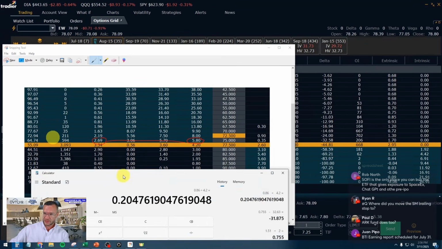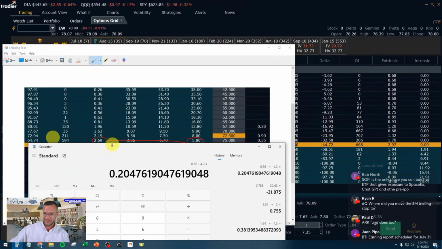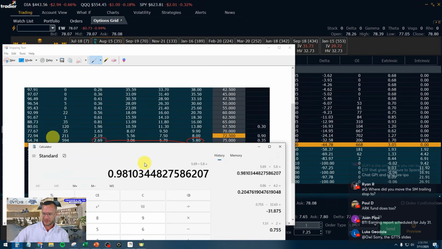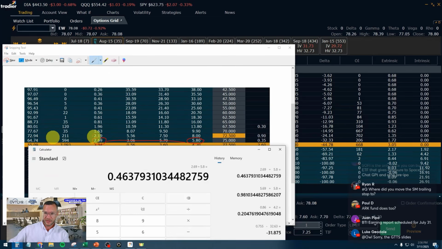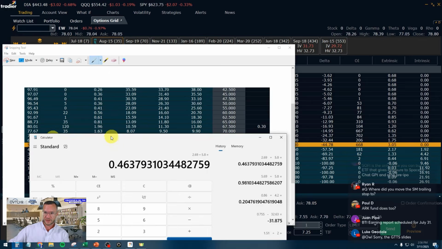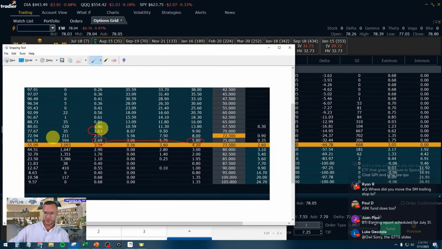So I don't know if you can tell, but I know my stuff because I love this game. 2.69 divided by 5.8. 46% of this contract's value is extrinsic. Okay, so let's go up just 2 strikes. We're only focusing on these numbers here, not the open interest.